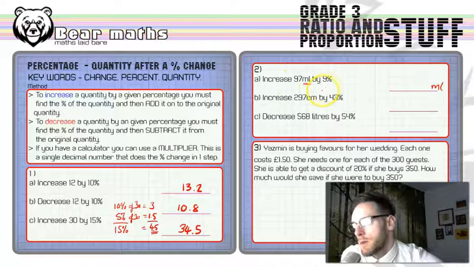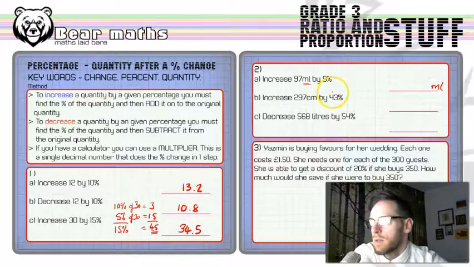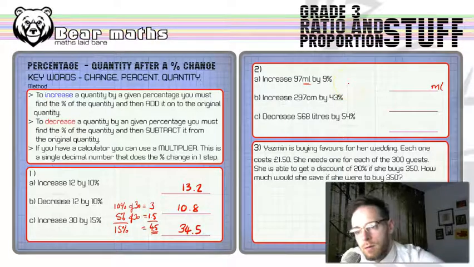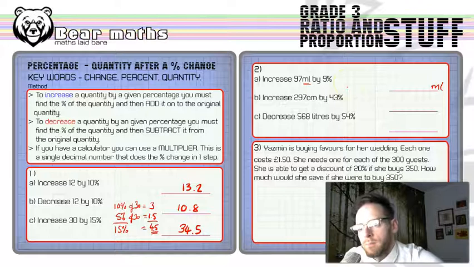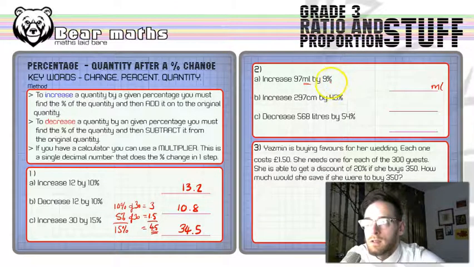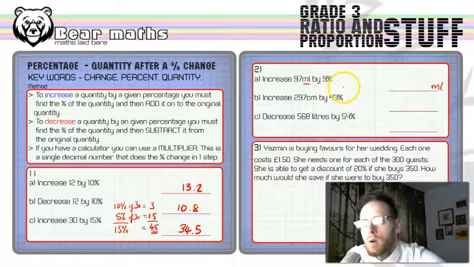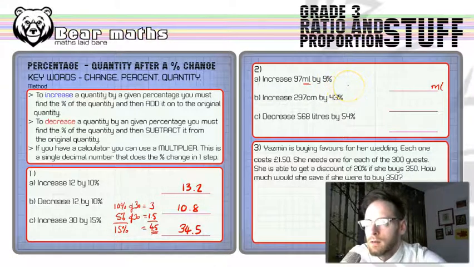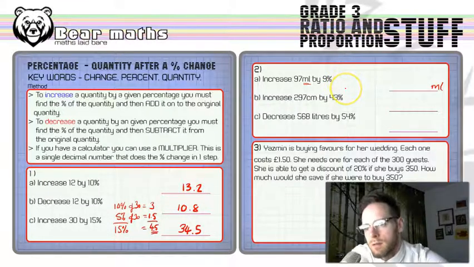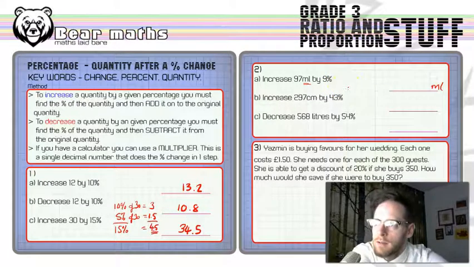Multiplier, like I've put in the method there, is a single decimal number that does the percentage change in one step. The number 1, the whole number 1, represents 100% of something. So if we're increasing, we need to add on to that 1 a certain decimal. Now 9% is equal to 0.09, if you know how to convert percentages into decimals.